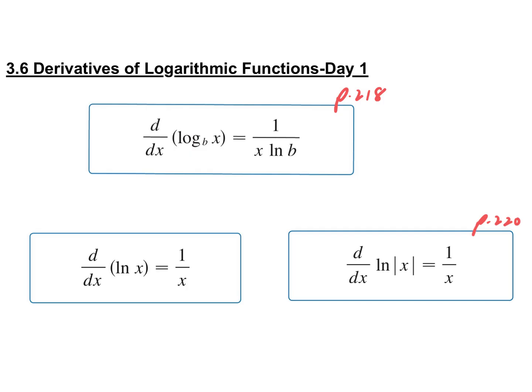That actually is also 1 over x. On 220, they go through right-sided and left-sided limits, I believe, and go through why that all works that way. And you can kind of see for yourself why that does. Either way, in reality, you basically have two different formulas to memorize, since the outcomes of these two are the same.